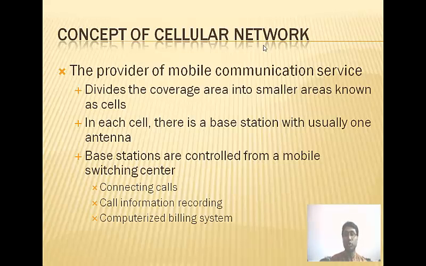Each of those areas is known as a cell. In each cell, there is usually one base station with usually one antenna. It's a small office with one antenna, called a base station.